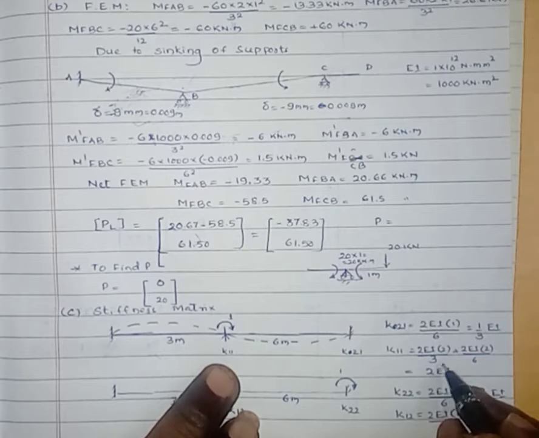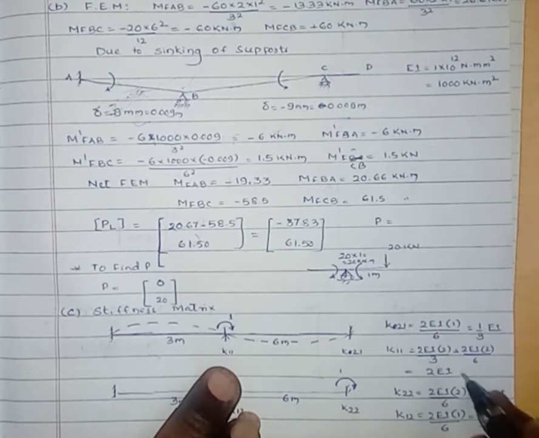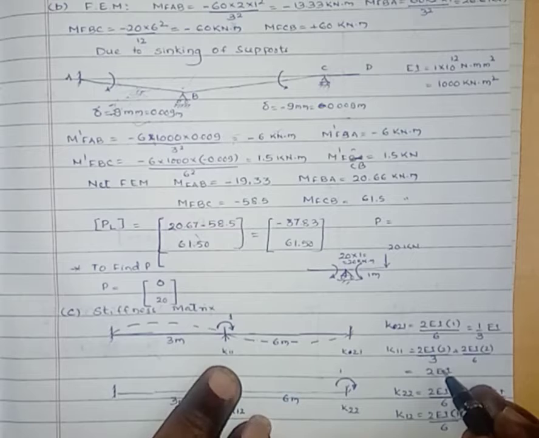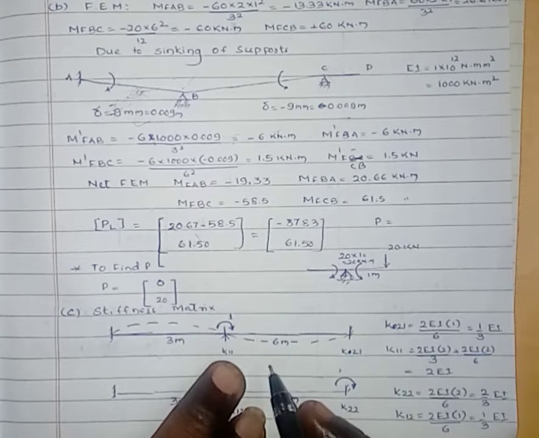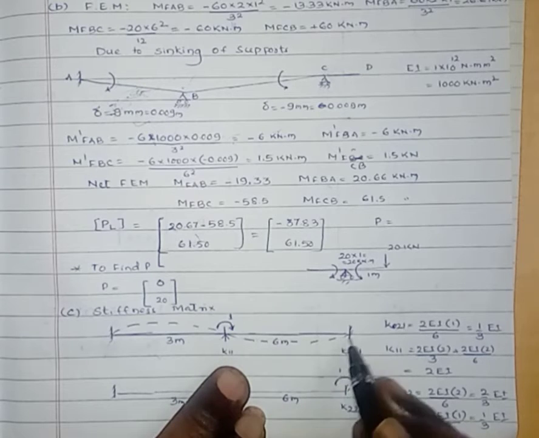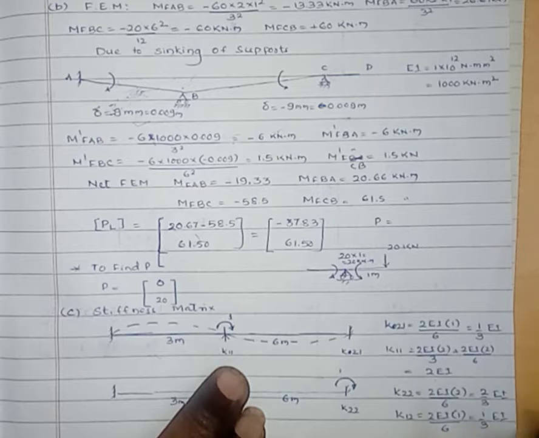Here 4EI by the length of span BA, which is 3 meter, is 4EI by 3 for span BA. For span BC, 4EI by 6, directly we can write. Then after simplification, that is 2EI.